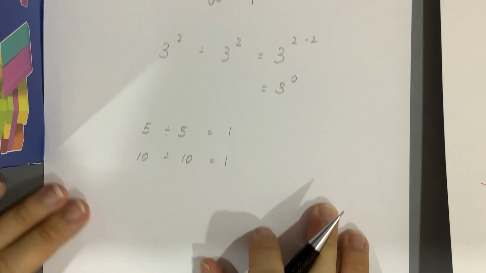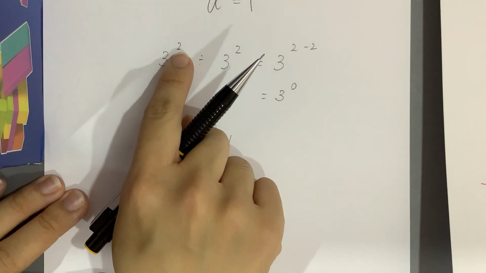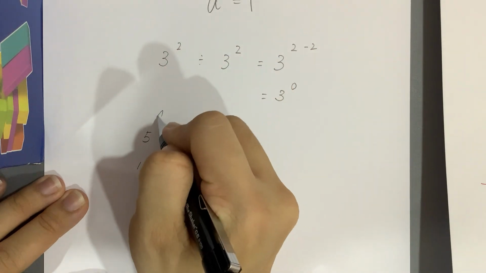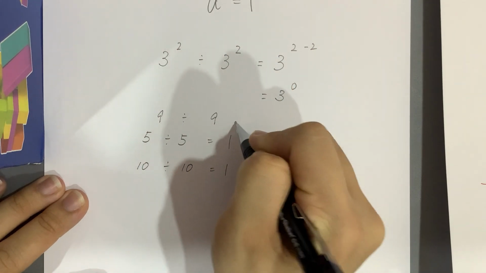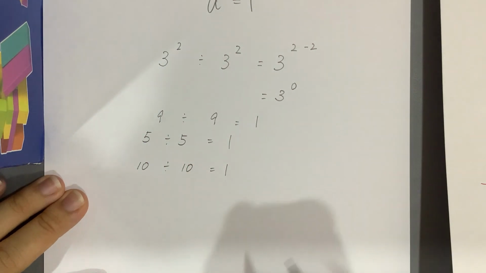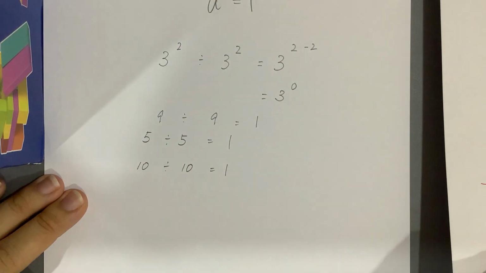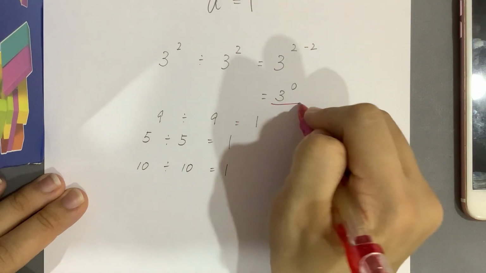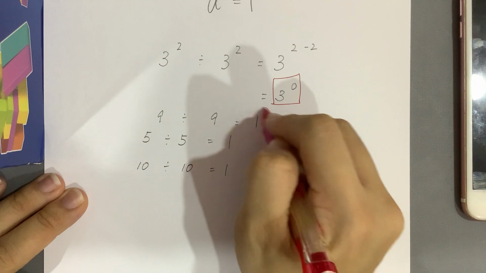So in this case, 3 to the power of 2 divided by 3 to the power of 2. 3 to the power of 2 is actually 9, divided by 9, it should give you 1. So this helps to explain why 3 to the power of 0 equals 1.